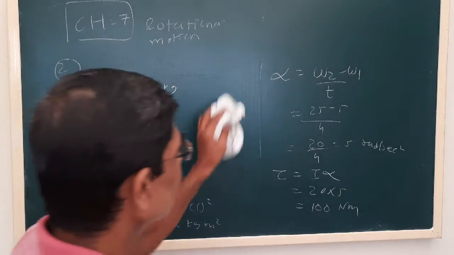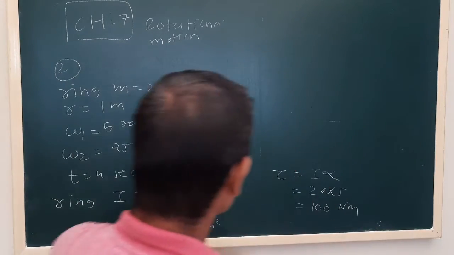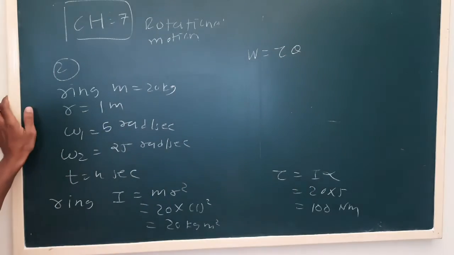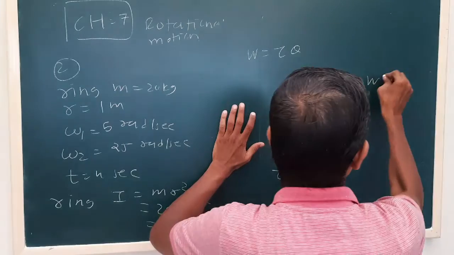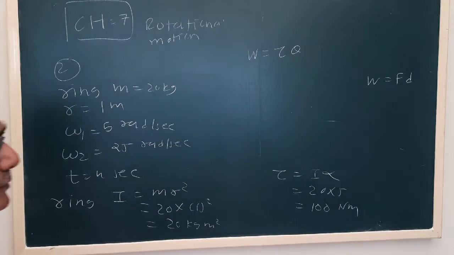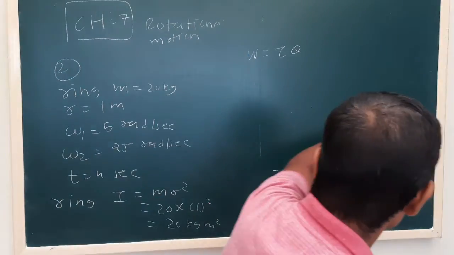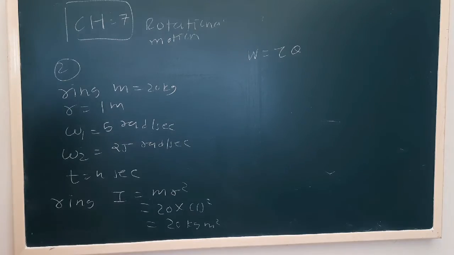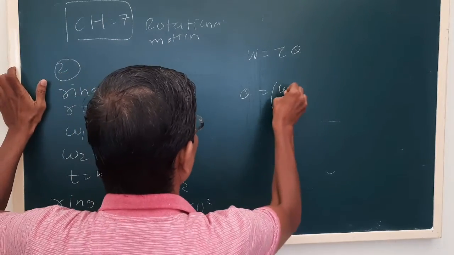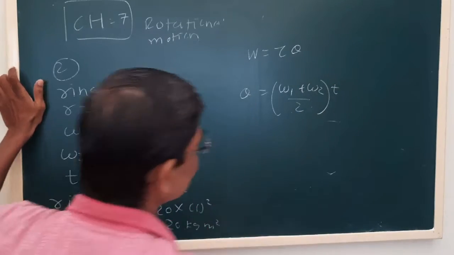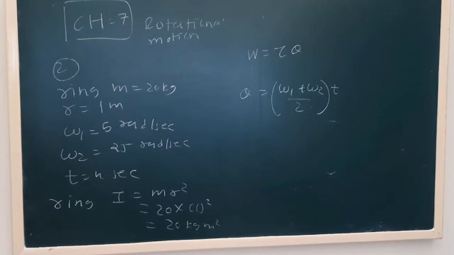Now see the work done by the torque. Next we have to calculate the work done by the torque. W is torque into theta. Just as in linear motion work done is force into displacement, the analogous equation here is torque into theta. What is theta? It is the angular displacement. Theta will be (omega 1 plus omega 2)/2 into t, that is the average angular velocity, times t.